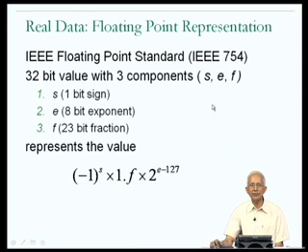Now, in the IEEE 754 standard, this somewhat interesting expression is used to interpret the value of a 32-bit float value. The sign bit is not too difficult to understand. If the sign bit is a 0, the overall real value is positive, whereas if the sign bit is a 1, the overall real value is negative. Next, we have the fraction part, which is in this construct 1.f.